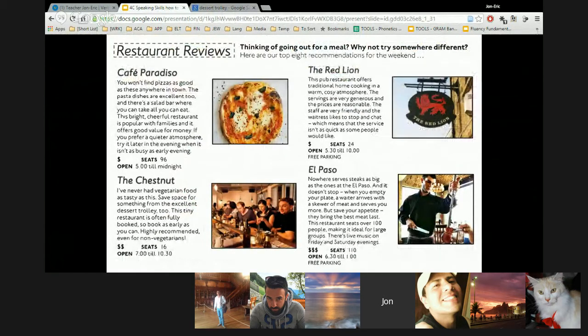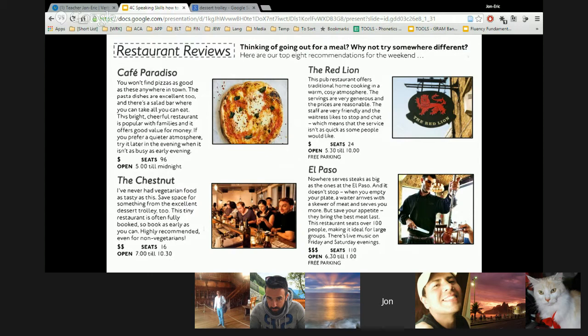Who's next? Mr. Javier with El Paso. Nowhere serves steaks as big as the ones at the El Paso. And it doesn't stop. When you empty your plate, a waiter arrives with a skewer of meat and serves you more. But save your appetite.